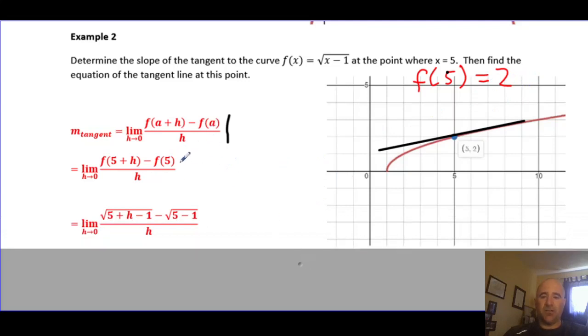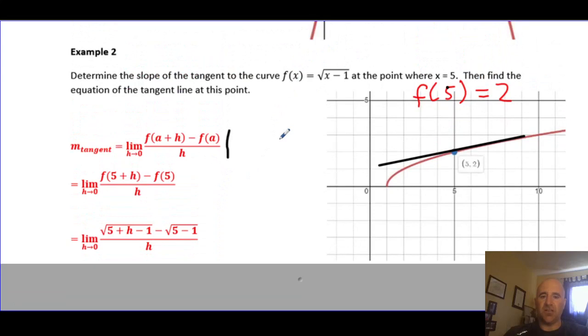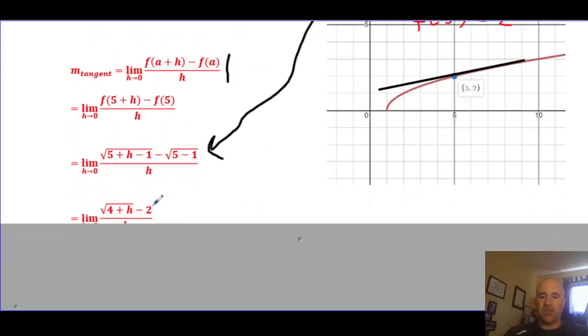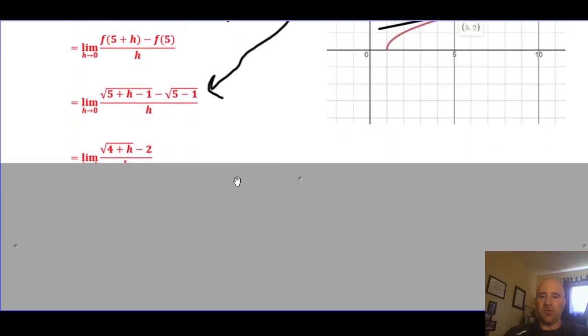Or actually, what I've done here is I've taken this definition, plugged in a equals 5, because that's my x value that I'm looking at, and I get f of 5 plus h minus f of 5. Then I've plugged the equation in right here. Okay, simplify it a bit. Well, 5 minus 1 is 2, we already knew that. I did that up here as well.